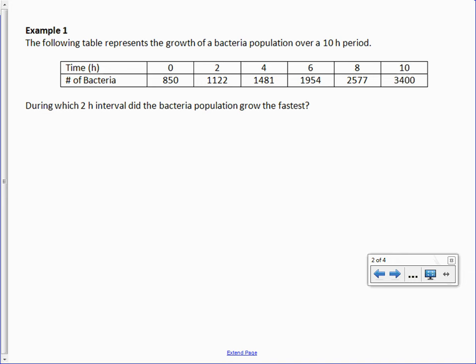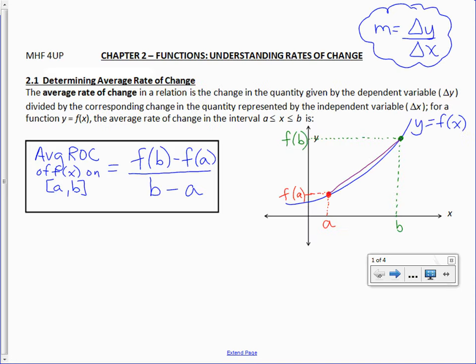Now, what you have to think of here is, if I want to find during which interval the bacteria population grew the fastest, I want to find the average rate of change on every 2-hour interval, and see during which time period the population grew the fastest. Well, you're going to use this formula.